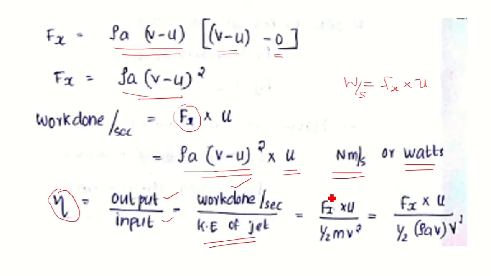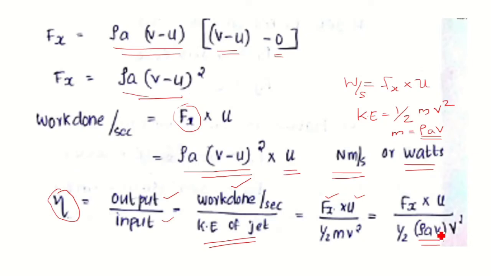So work done per second is equal to f of x into u, and the kinetic energy is half m v square. So what is m? m here will be rho a v, the mass of water coming out from the jet. Here we are taking rho a v, not the relative velocity, because we are not considering the mass of water striking the plate.